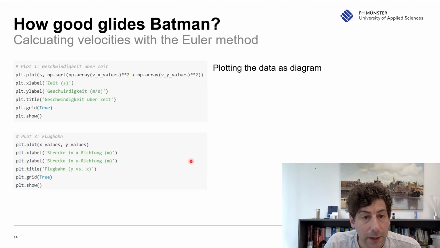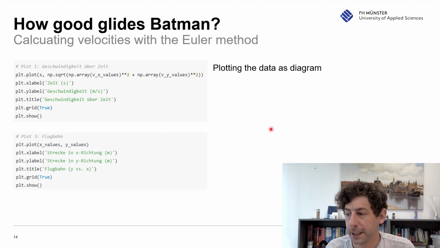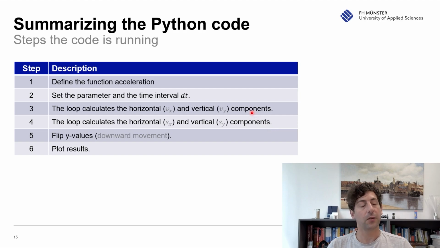And that's it already. So now we just need to plot the data, and therefore we have all these here in the plotting data. To summarize the Python code, we define the function acceleration, which is a result of our force balance. We set the parameters and the time interval, so all what we know about Batman and the air density and so on, and drag and lift, and these numbers you get from literature by making assumptions, such as the parachute assumption.